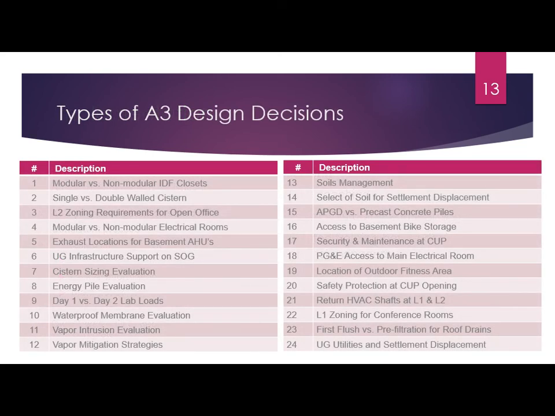So this is a list just to give you an idea. I'm not going to give you any details into each one of these decisions, but in total, we documented these 24 decisions in a period of 3 months. And for each one of those, there was an A3, and there was a conversation. Okay, what is this decision for?